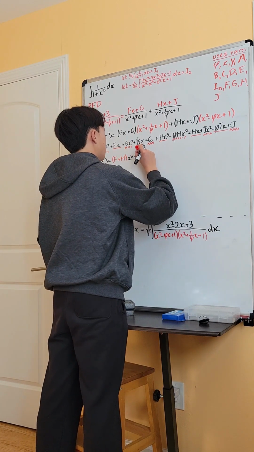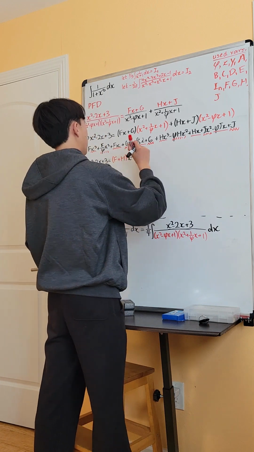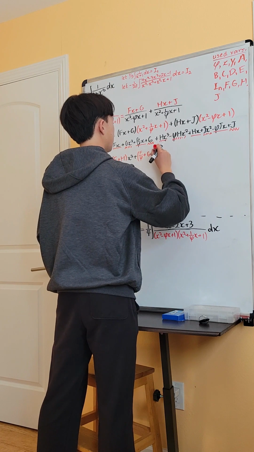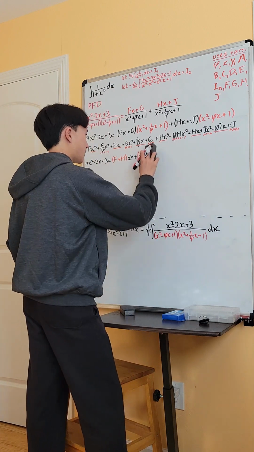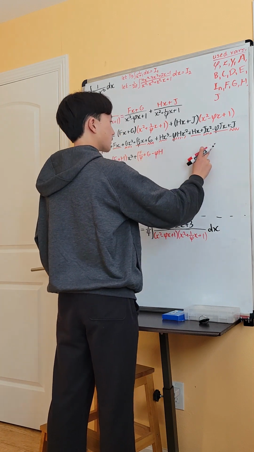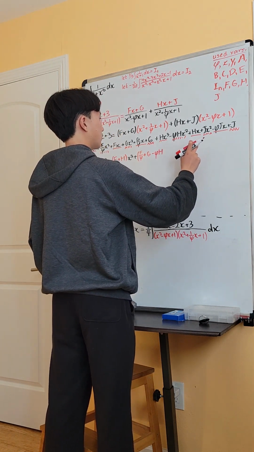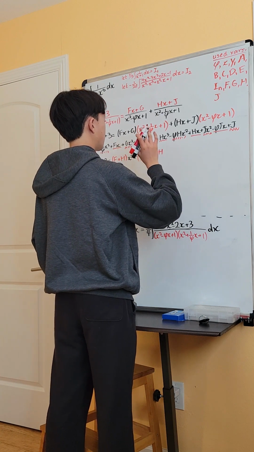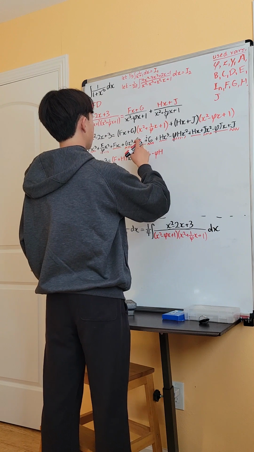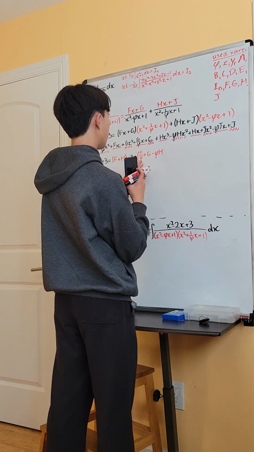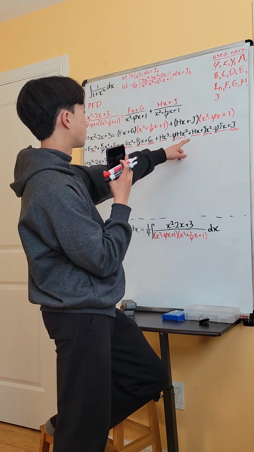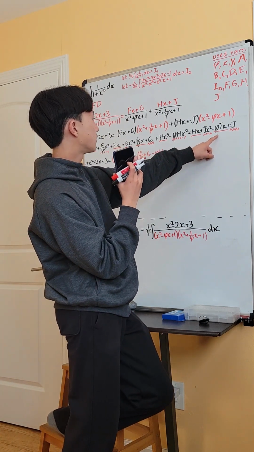We have f over phi plus g minus phi h, and then minus g minus phi h, then is there a phi here?